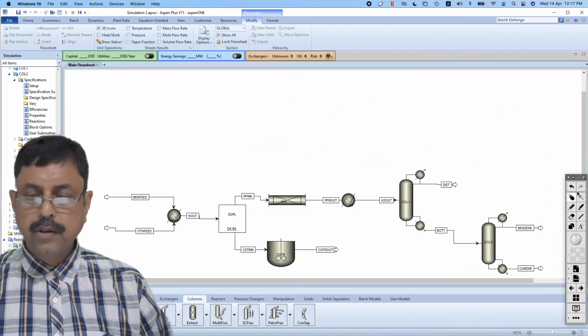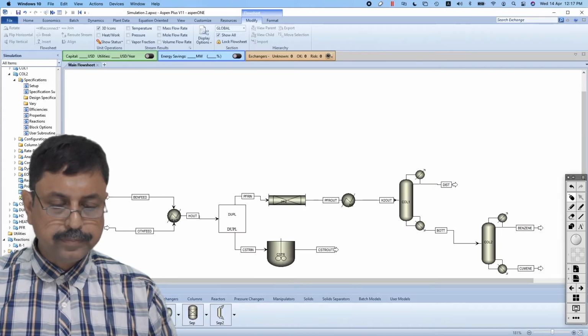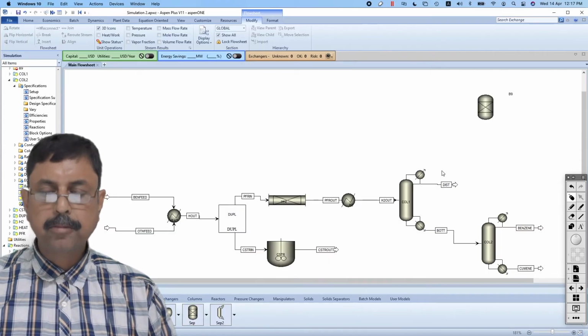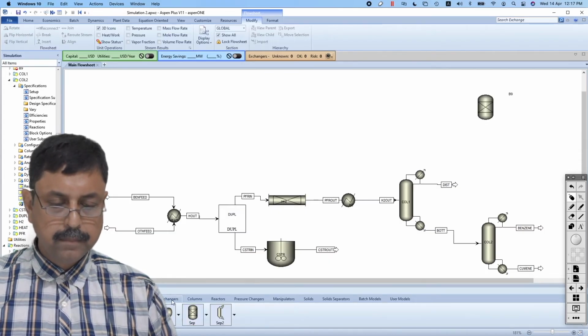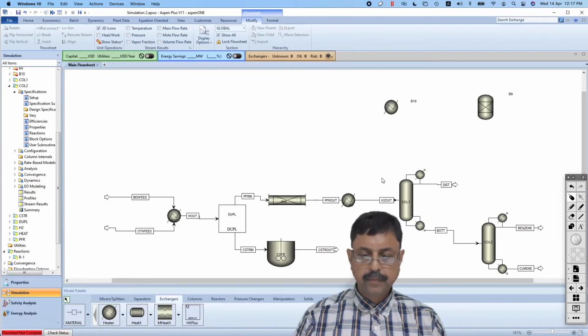So that's exactly what we are going to do with this line. Okay, so for that, let us bring a separator. So this is our separator, and we bring an exchanger. So this is our heater 3.